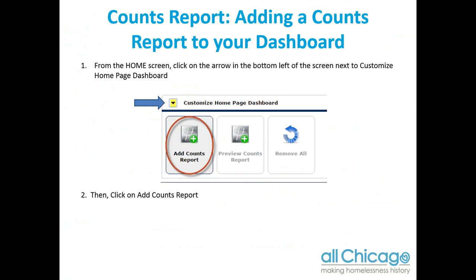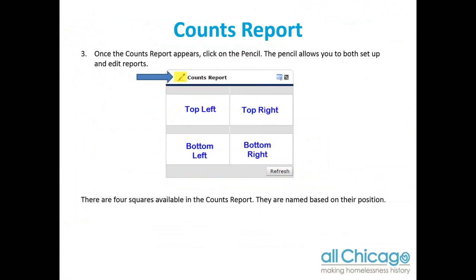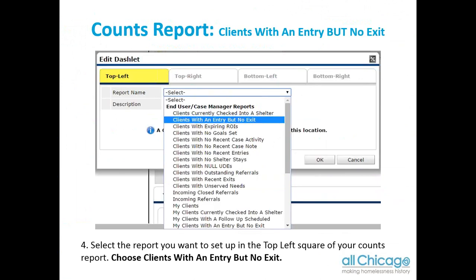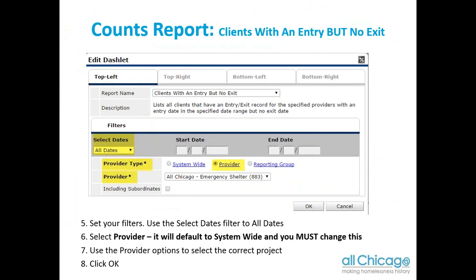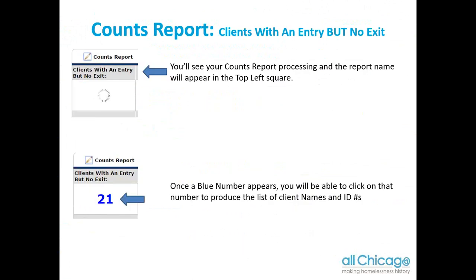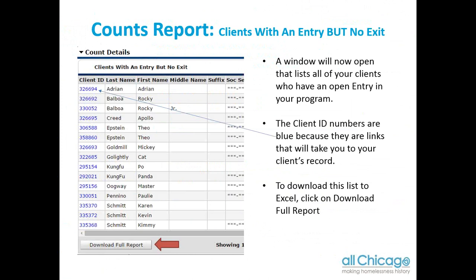Just as a quick review, these are the screens that you'll walk through: adding the report, and then moving on to clicking on the pencil, choosing from that top left quadrant the clients with an entry but no exit, setting those filters properly so you have the date, the provider type, and the exact provider set up. And then you'll see that number there that represents the clients, which you can click on to download that full report. So again, this is just for reference for you if you need additional detail.